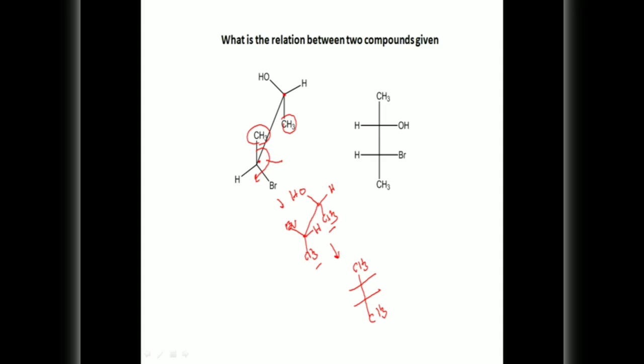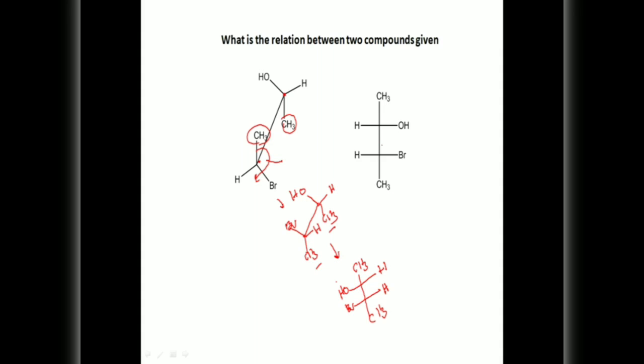Now we can write as it is. This hydrogen on the right side, this OH on the left side, this hydrogen on the right side, and Br on the left side. This is the exact Fischer projection for this Newman or Sawhorse projection formula.